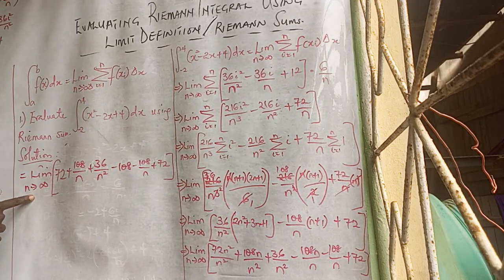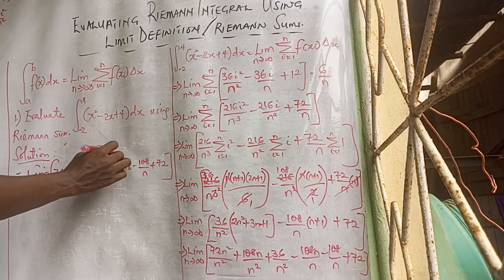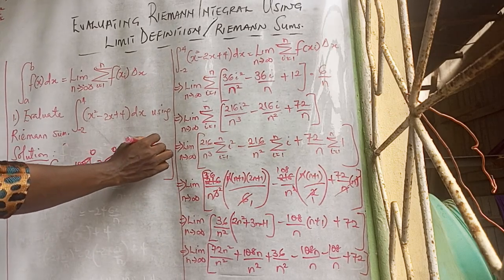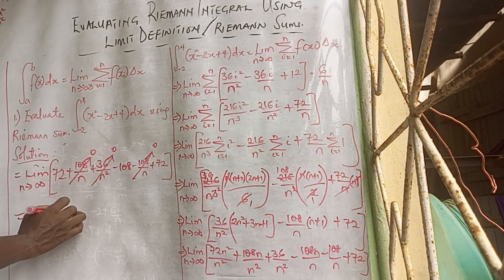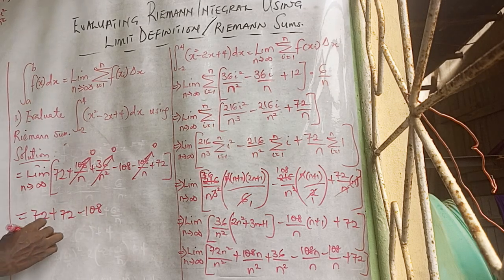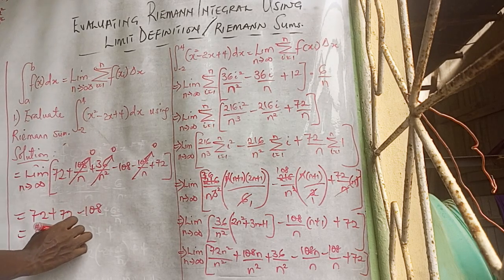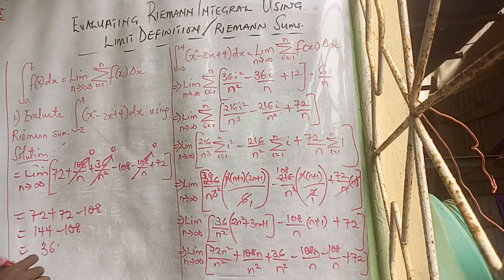By the time we take the limit as n tends to infinity, this goes to 0, that goes to 0, and this goes to 0. We are left with what? 72 plus 72 minus 108. That is 144 minus 108. And we have what? 36.